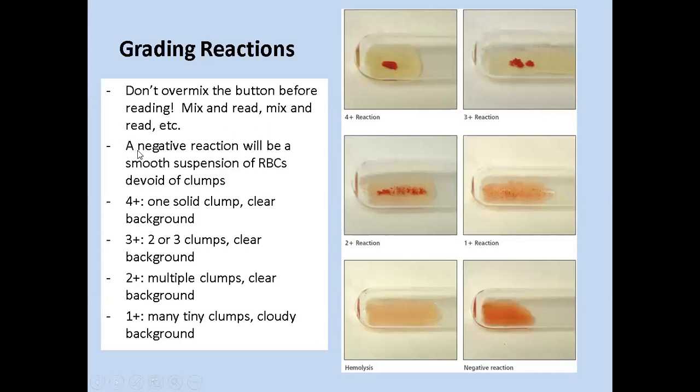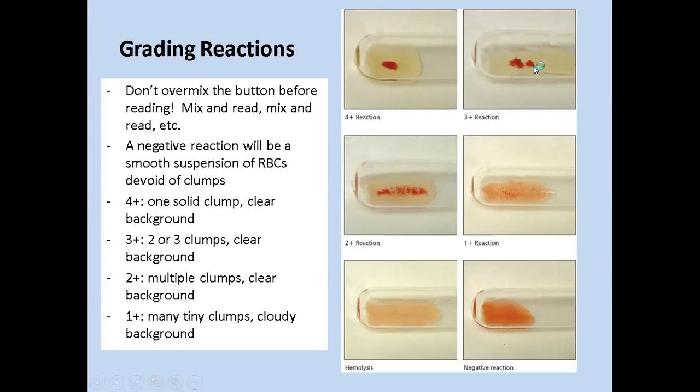So I started with negative. This will take the longest. Negative reaction we see down here is a smooth suspension of our red cells in the mirror with no clumping. Okay, it's a cloudy, turbid solution of the red cells. 4+, we have one solid clump that comes off the tube. 3+, 2 or 3 large agglutinates, and the background is clear.